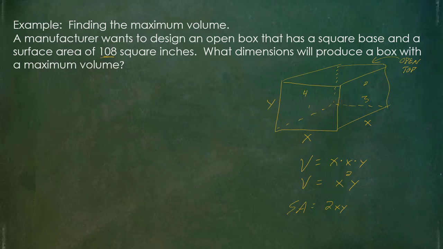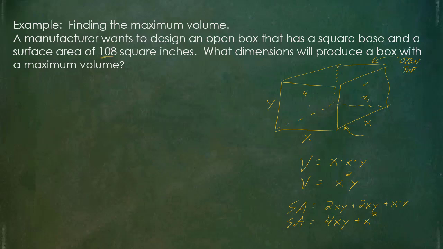Those both have a dimension of x by y as well, so there's 2 more of those. And then there's the very bottom, which is an area that's x times x. So if I simplify all of that, it looks like 2xy plus 2xy. I really could have said that's 4xy. And then x times x, that would be x squared.